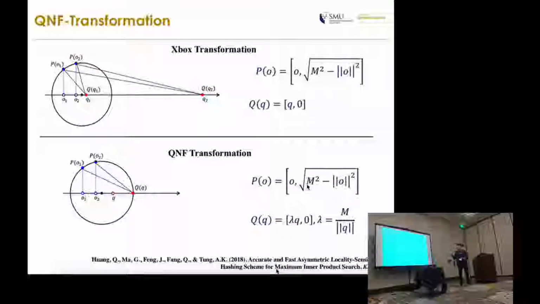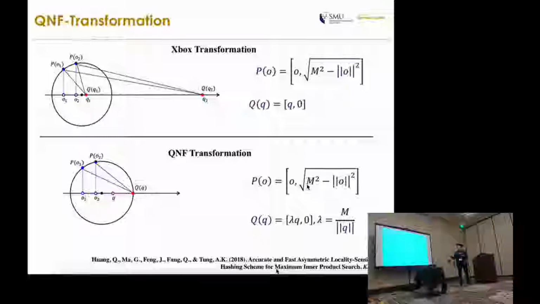Okay, because of the drawback of the Xbox transformation, the authors of this KDD paper this year propose another transformation in which you scale the query vectors so that they also become a point on the unit sphere.